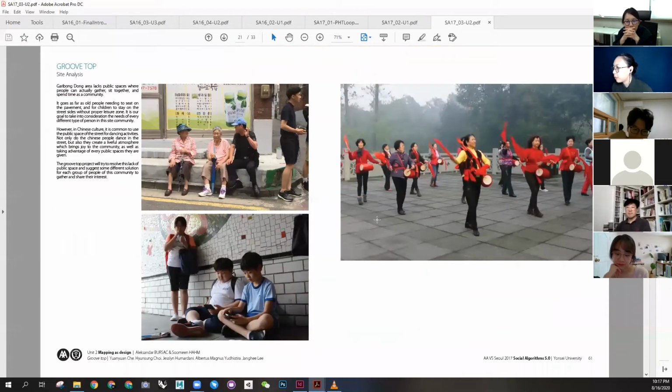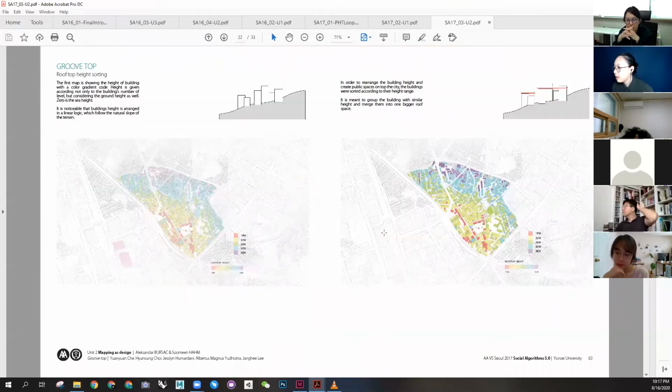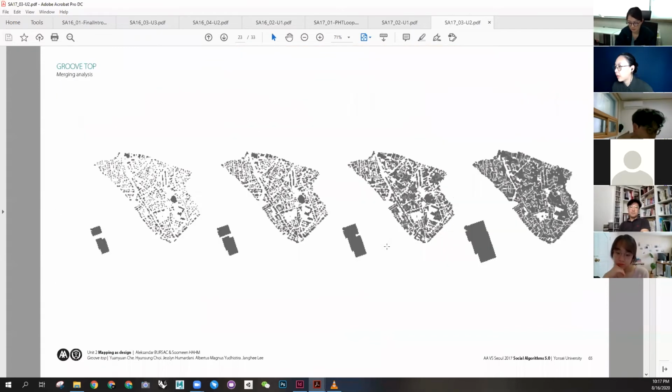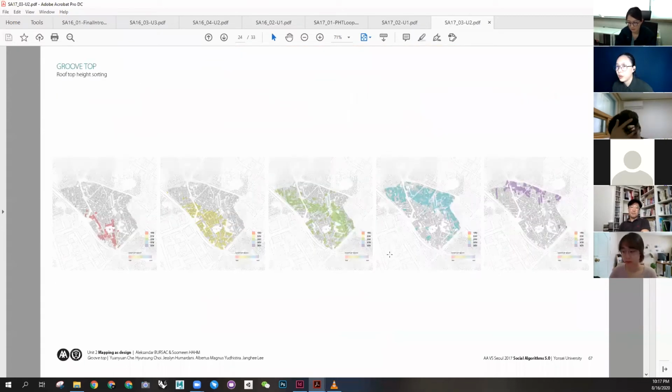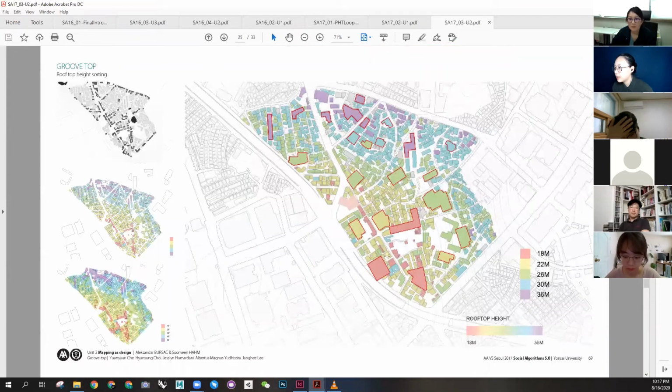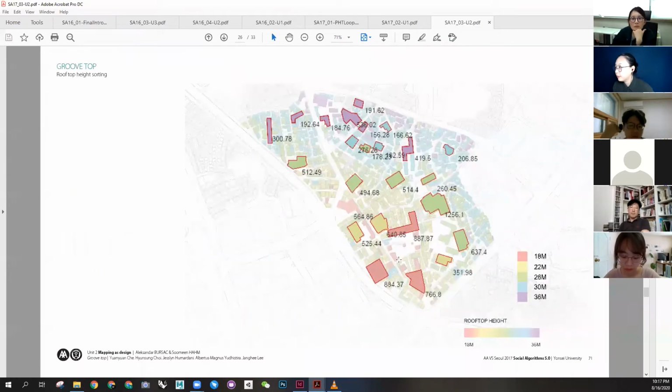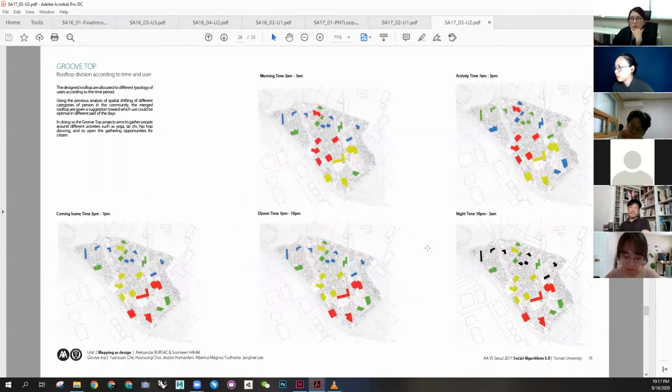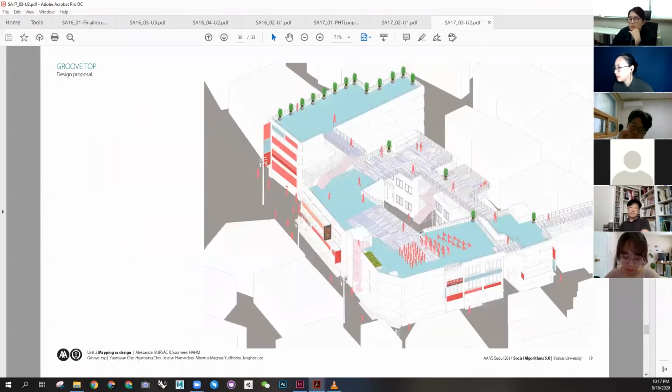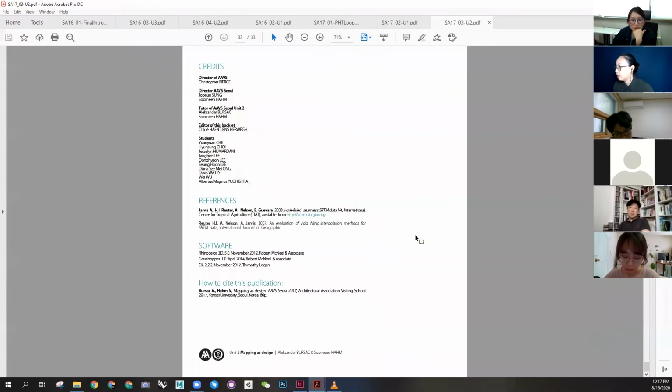Another team proposed Chinese street dancing as a program to insert within this area. So they used a series of diagrams or analyses to find the most suitable rooftop to let this street dance happen. These are the sets of diagrams of how they analyzed, and these were one of the speculations of how they are applied.